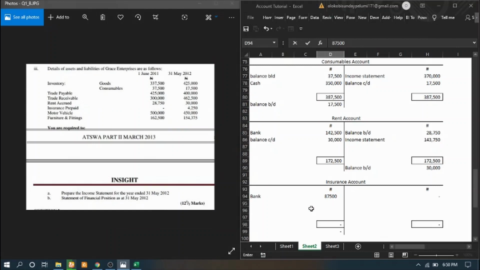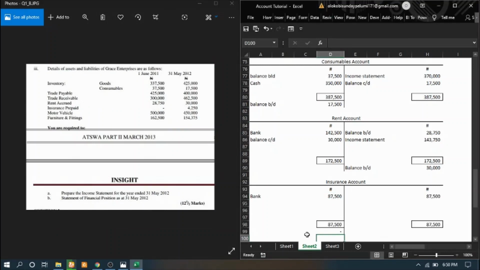87,500. Alright, so insurance prepaid is an asset. It does have a closing balance, although it doesn't have an opening balance. So the closing balance, we have a debit balance at the beginning of next period. So next period, how much is that? Insurance prepaid 4,250.